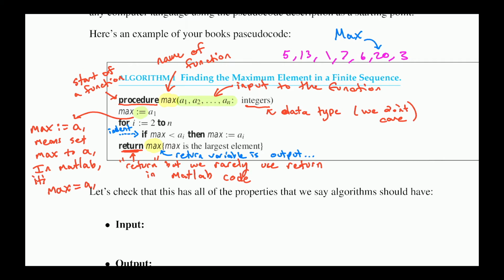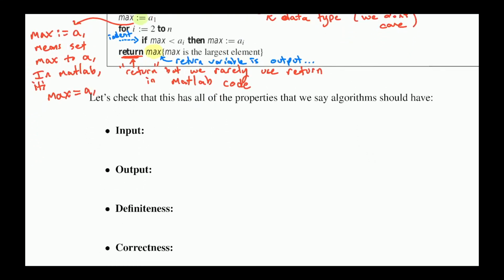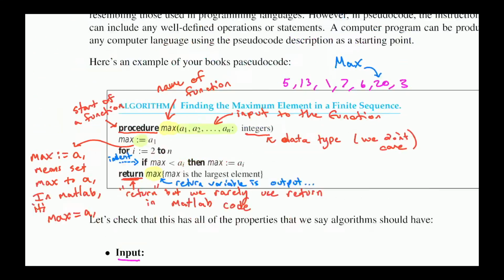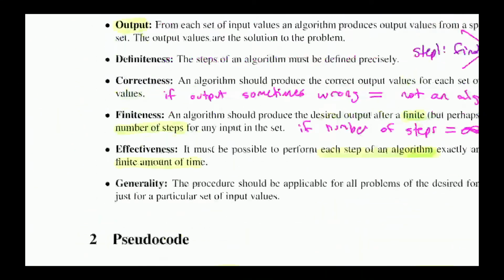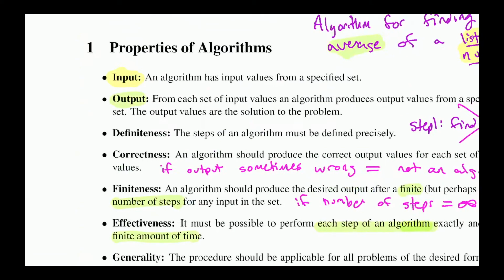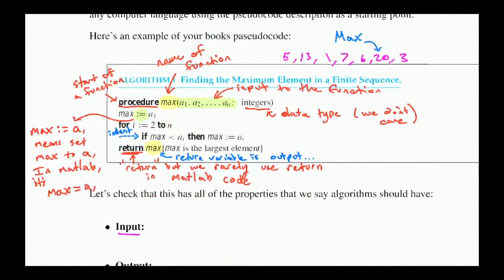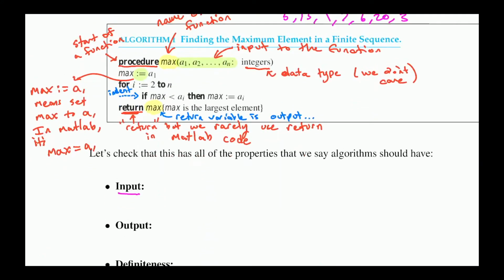Okay, so let's check that this actually meets the requirements to be an algorithm. Let's go through these one by one. So input. Does this have input or need input? Yes. An algorithm has input values from a specified set. So what is the input for this function, right?